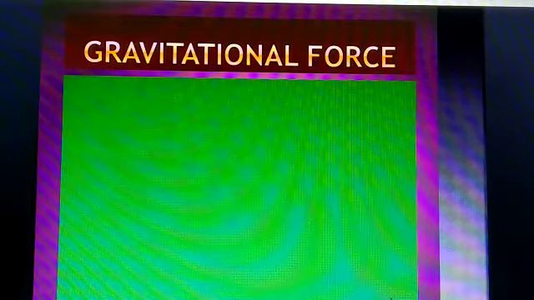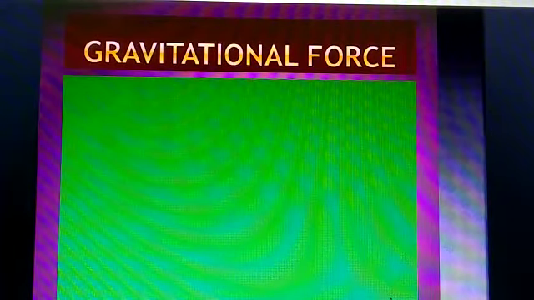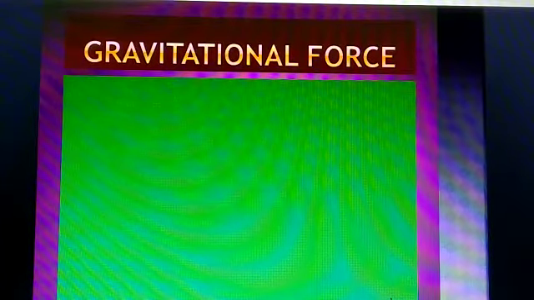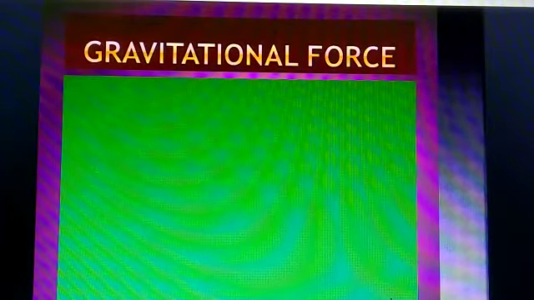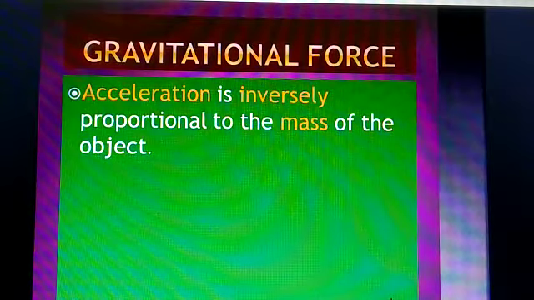Before that, in the previous lesson we learned force F equals ma. Force F is equal to the product of mass and acceleration. And if you see the relation between force, mass and acceleration, then acceleration is inversely proportional to the mass of the object. If mass is higher, then acceleration will be less.